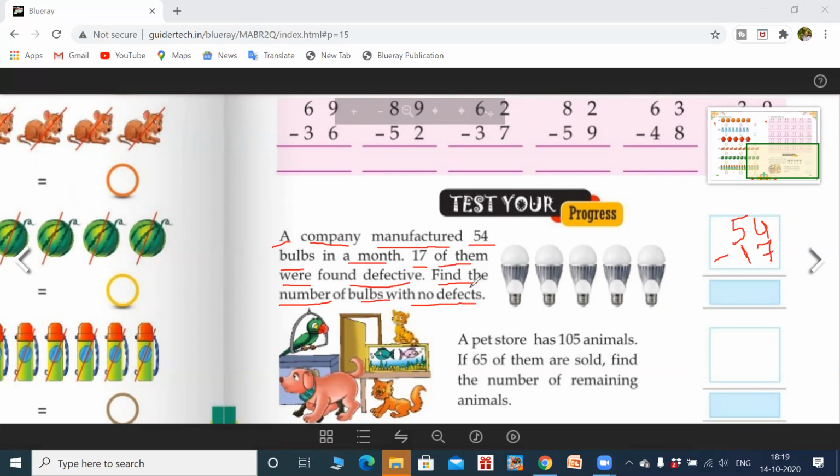Find the number of bulbs not defective, that have no defects. So 14 minus 7, that is 7. And 4 minus 1, that is 3. So 37 bulbs have no defects. So number of no defects bulbs is equal to 37, you can write.